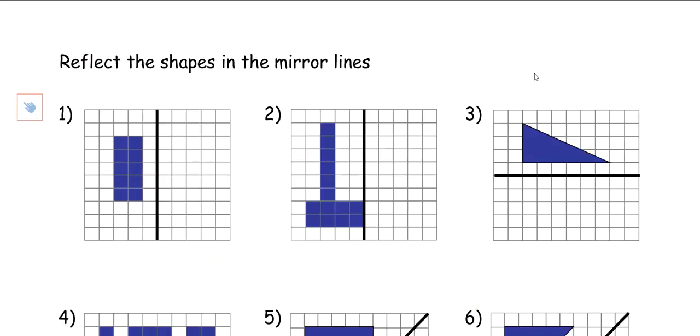So, just looking at some of these shapes then. Very easy. Just to say, we go perpendicular to the line that way, do the same the other side, and we end up with our image there. This one, nice and easy. They're all fine, aren't they?